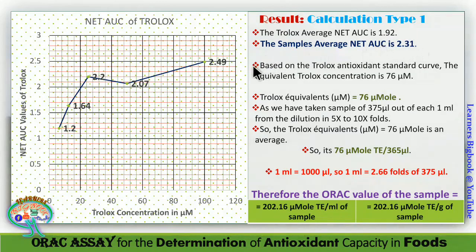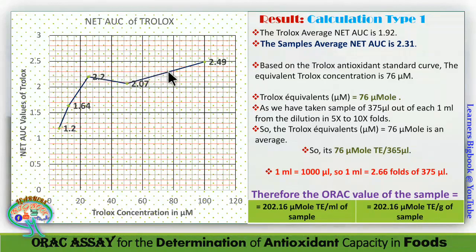Now here, based on the Trolox antioxidant standard curve, this line graph for net AUC, the equivalent Trolox concentration is 76 micromolar. In the sense, whatever the net AUC is, 2.31, 2 is going to fall here, and 3 is going to be here, and 1, and it is going to be dragged till here.